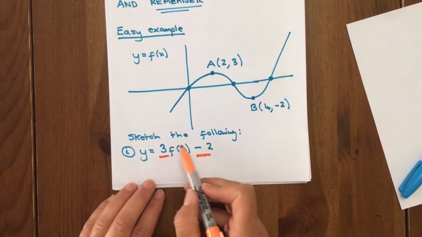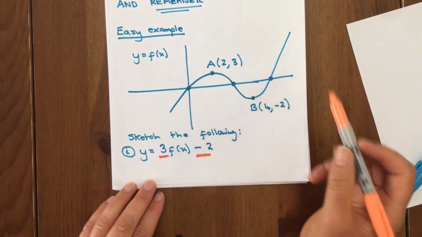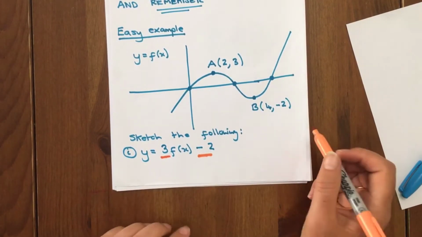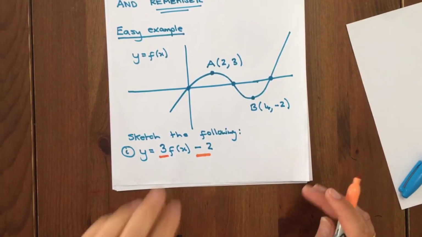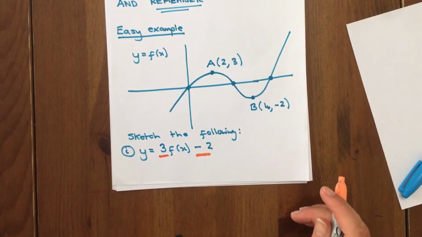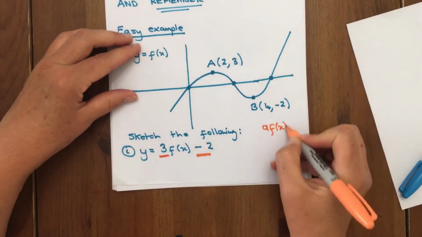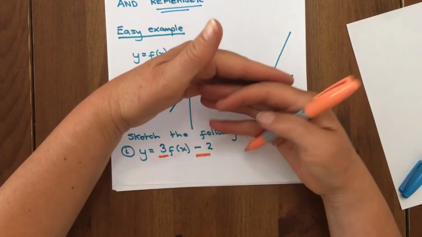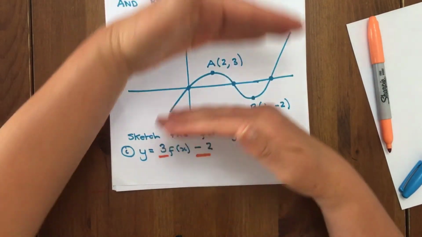Right, so let's first of all look at what happens when you times f of x by 3. What happens to all of my points? Well, timesing by 3, so it's on page 44, that's a f of x. So you're looking at this type of transformation. That means the whole graph stretches by a scale factor a from the x-axis.